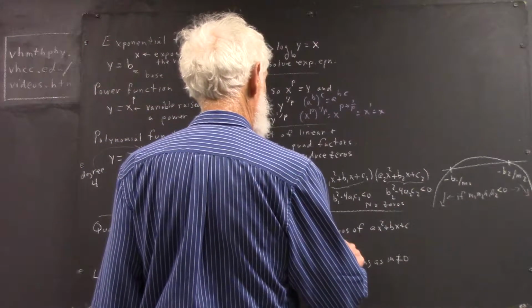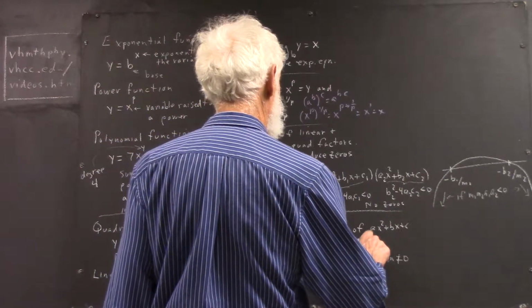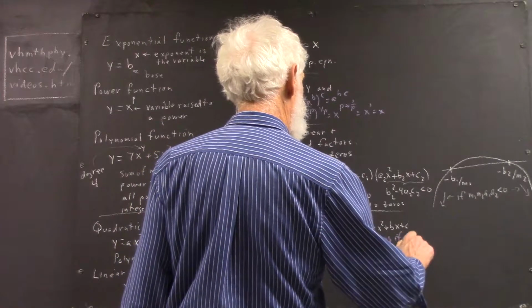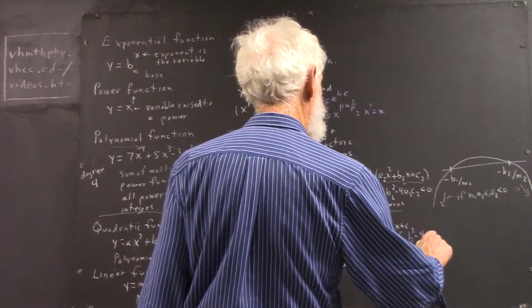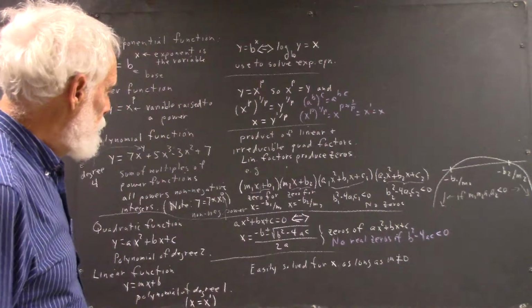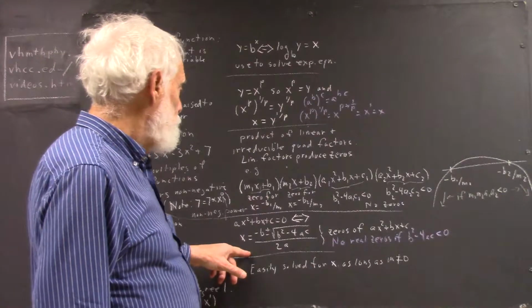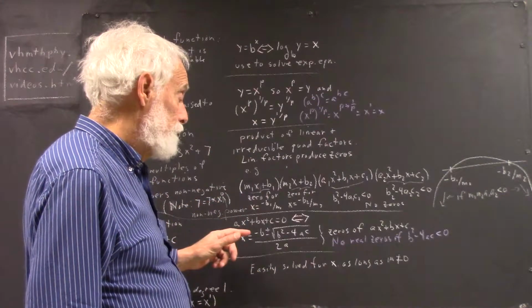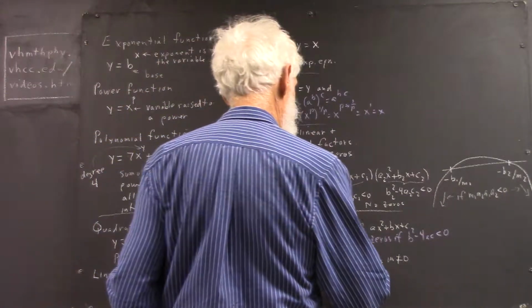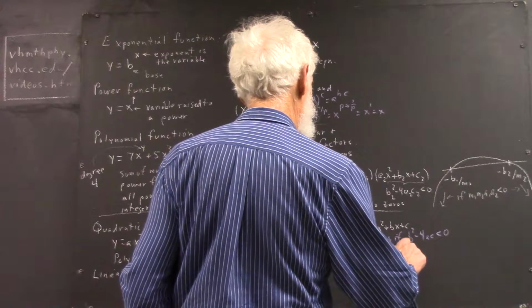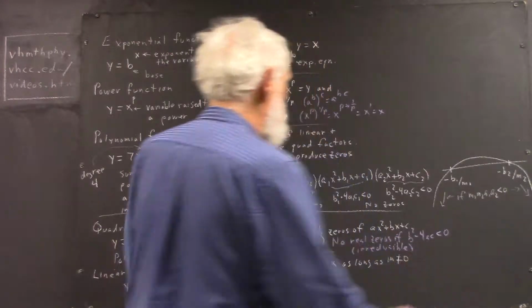So we can say down here, first of all, no real zeros if b squared minus 4ac is negative. If this is the case, the quadratic is irreducible.